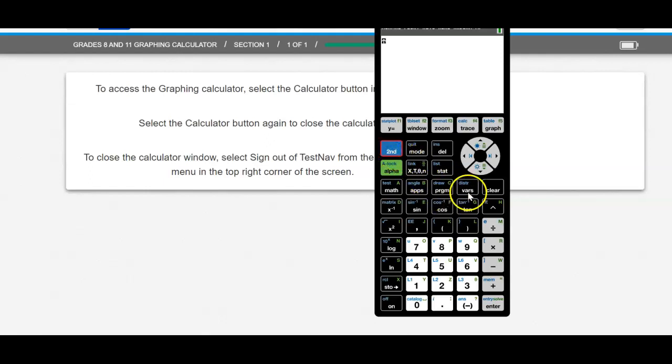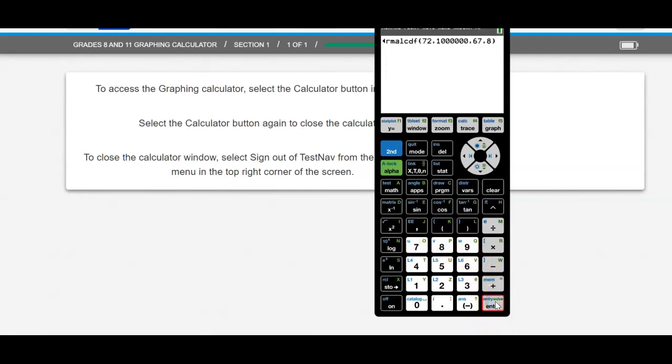You're going to go to second, vars. We want option number 2 for normal CDF. In this case, we made our lower bound 72. We made our upper bound a million. Our mean was 67 and our standard deviation was 8.